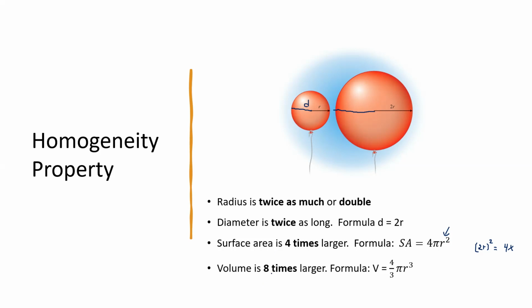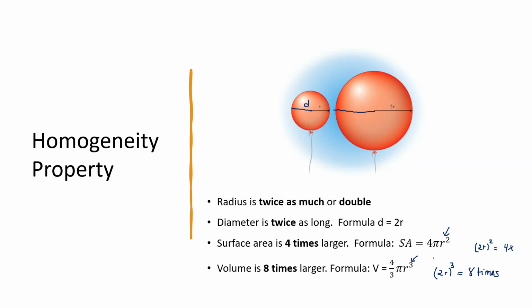But if I think of the volume, which is like how much air is in this balloon, it's actually 8 times larger. Well, how does that work? I look at the exponent. The exponent is 3. I'm doubling the radius, so I would put 2r in there, put an exponent of 3, and that's going to become 8 times as large.